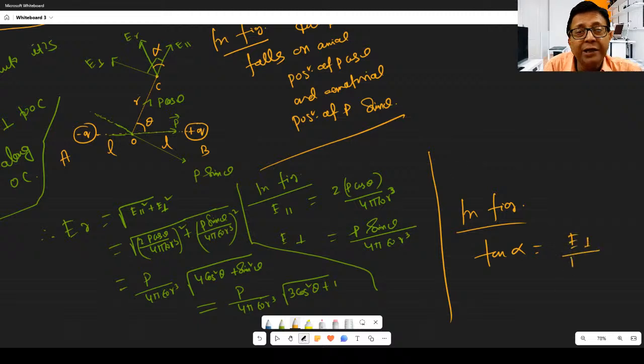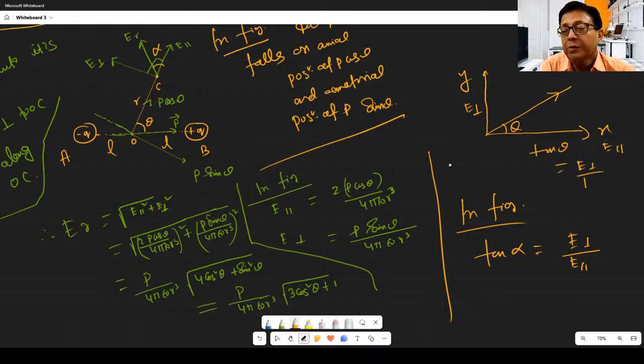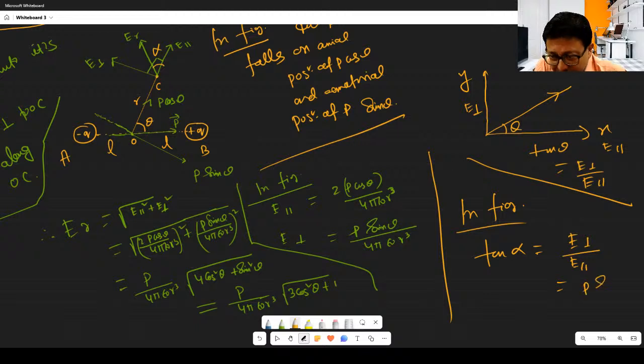E perpendicular by E parallel. Because if a vector makes an angle theta with the x-axis, then tan theta is the perpendicular component by the parallel component. You have been doing this since class 11. So this is P sin theta by 2P cos theta, that is half tan theta.